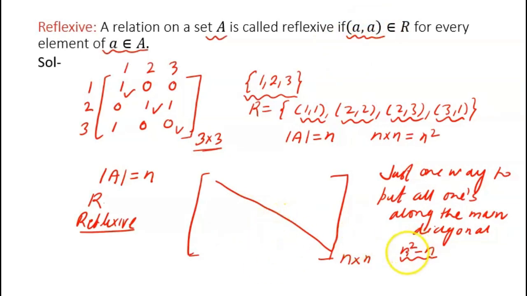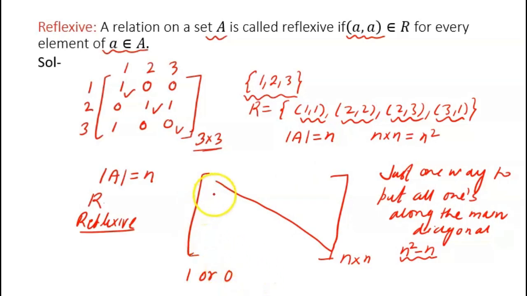So the remaining n square minus n places, lying below and above the main diagonal, can be filled either by a 1 or by a 0. If suppose 1 comma 2 is present, I will place a 1 here. If 1 comma 3 is present, I will place a 1 over here, otherwise I will place 0. So these elements are not going to decide the reflexivity of the relation. These elements are immaterial in this case. So either I can place a 1 or 0.